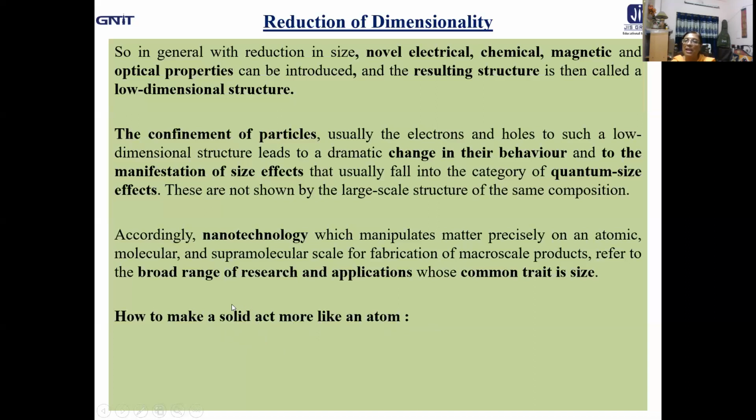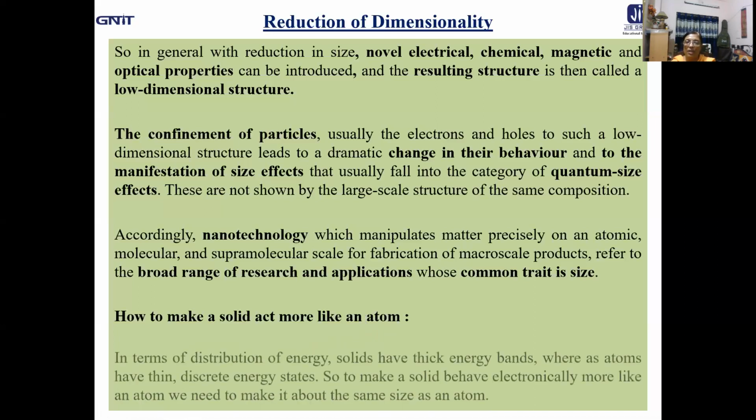Solid means millions of atoms are there, so reactivity is very small, and structures are different. But if you consider an individual atom, it is more reactive with its surrounding neighbors because it is exposed to all the neighbors. Naturally, you will get different properties so far as their reactivities are concerned.